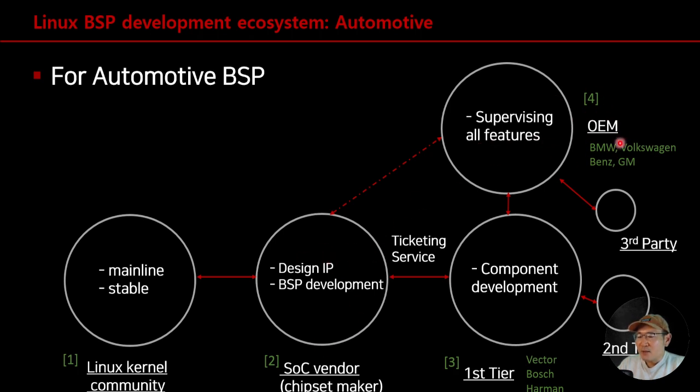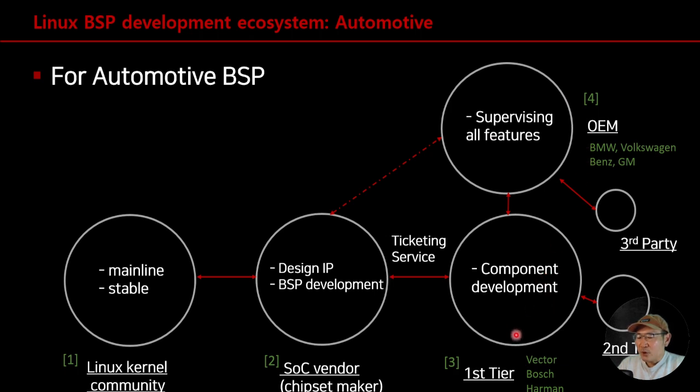Sometimes they can directly collaborate with the SoC vendor, meaning that sometimes the BSP package can be delivered to the OEM from the SoC vendor. This kind of process can be supervised by the OEM.